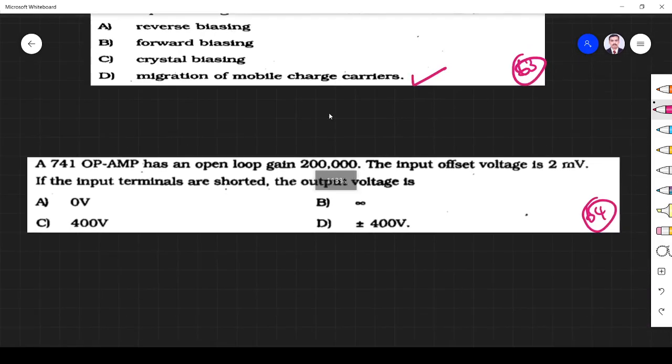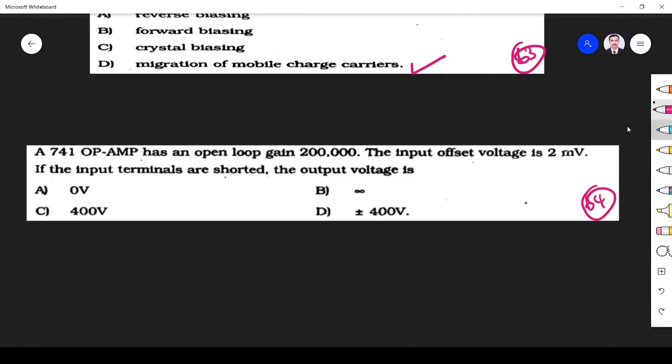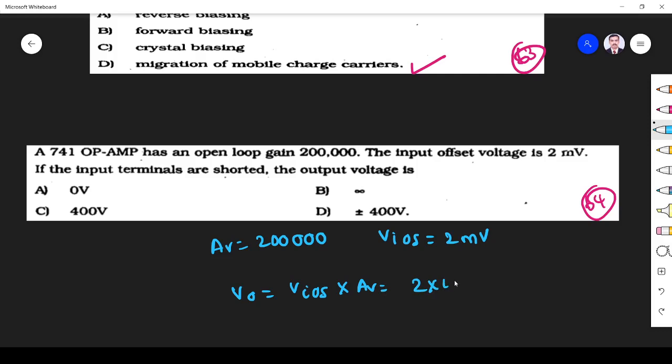Next question. A 741 op-amp has an open loop gain of AV equal to 2 lakhs and input offset voltage VIO of 2 millivolt. What is the output voltage? Output voltage VO is equal to VIO into AV. So 2 millivolt is 2 into 10 power minus 3, and this is 2 into 10 power 5.